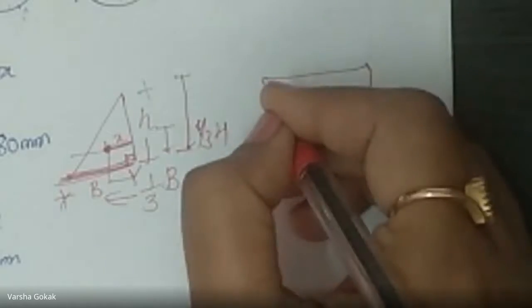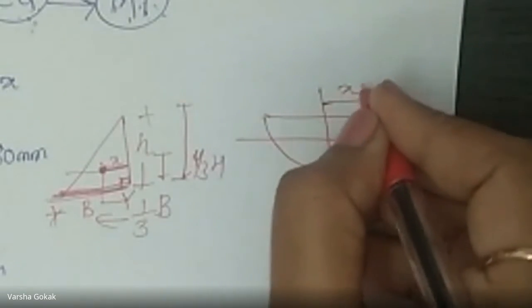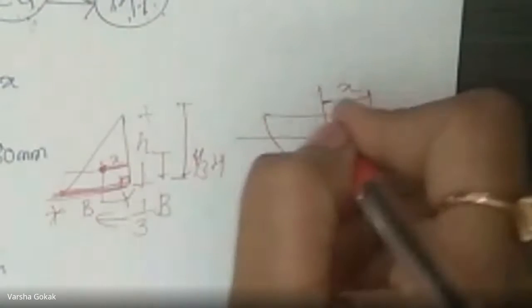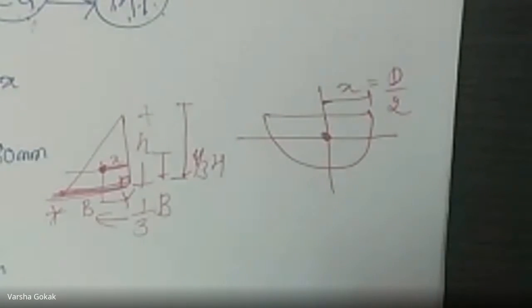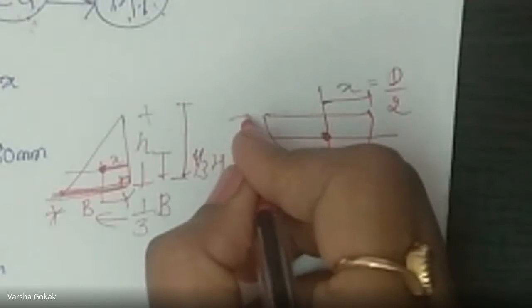For a semicircle, first, let us first write the formula. This is the semicircle, this is the CG. So what is the x value for a semicircle? D by 2. Barobar. What about y? What is this y? 4r by 3 pi. Correct.